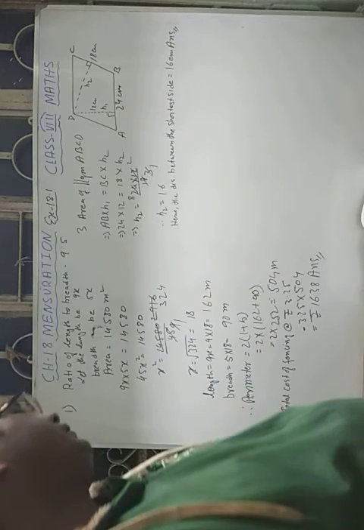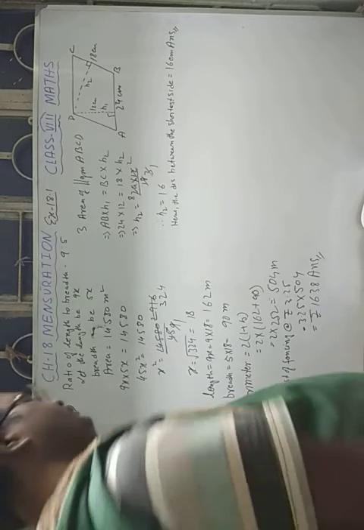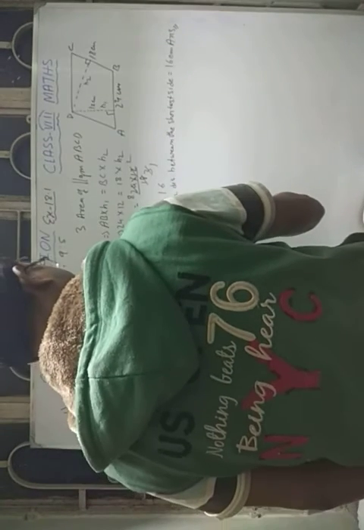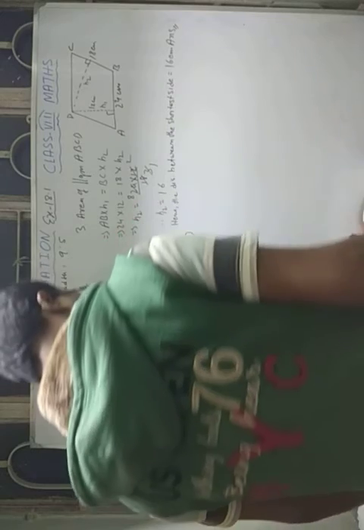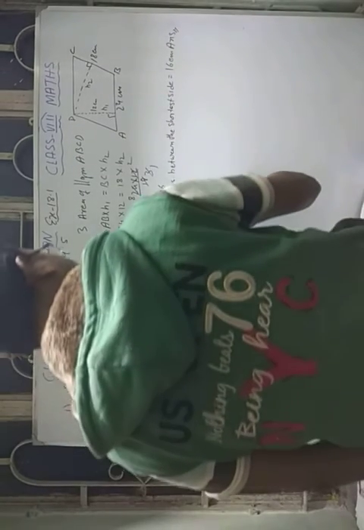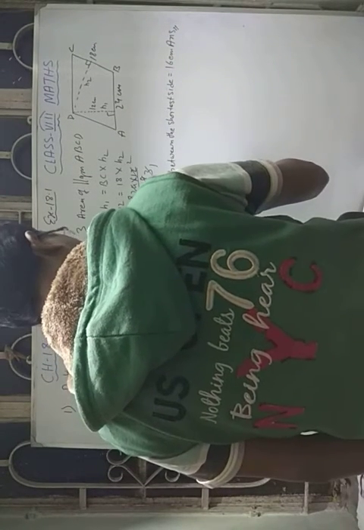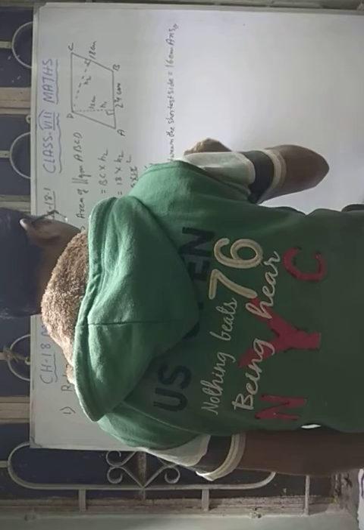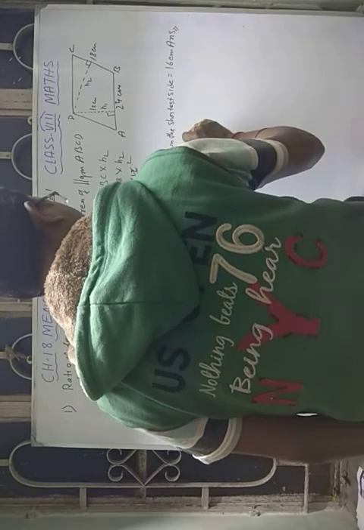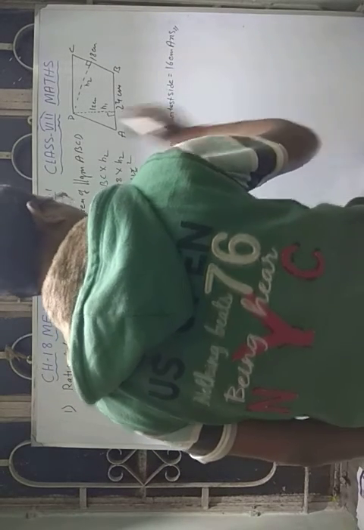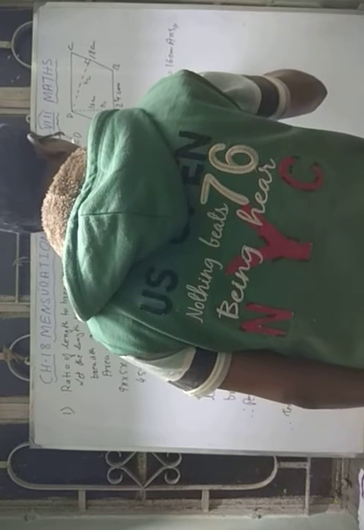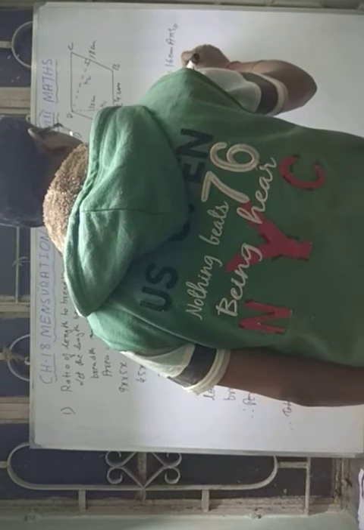You can easily find the radius in question number 6, part A. Here the diameter is given as 2.8 centimeter. From this you can find R is D by 2. So 2.8 by 2, that is equal to 1.4 centimeter. Now you can find the perimeter.